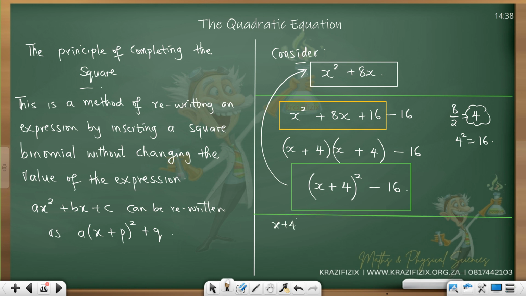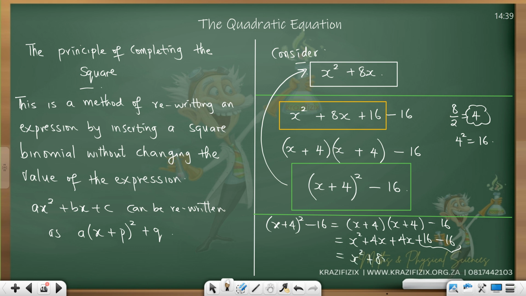All right, x plus 4 squared minus 16. That would be x plus 4 minus what? 16. We FOIL. x squared plus 4x plus 4x plus 16 minus 16. What do you notice? That gives me a 0.